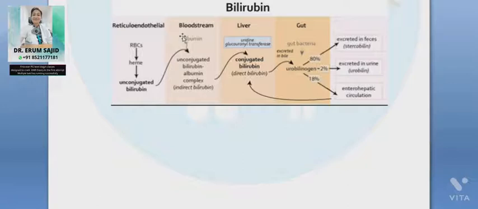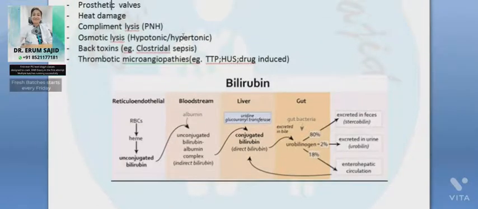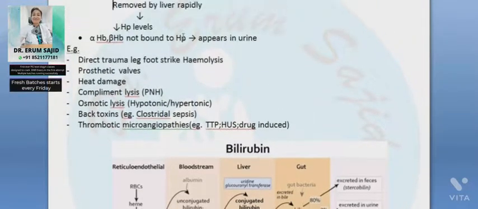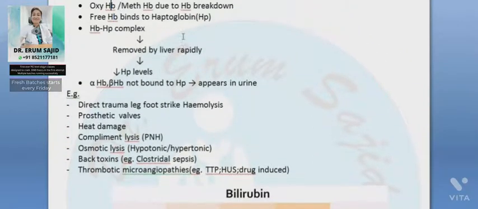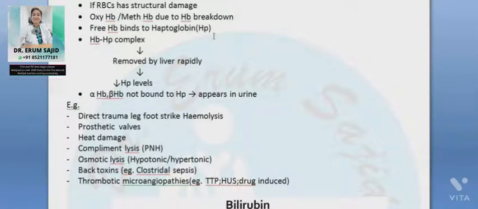Here it's not shown, but I've written it down over here, that usually the hemoglobin that is released is removed by the liver rapidly. And how? Because hemoglobin usually binds to haptoglobin, which is a proteinaceous molecule, and as a result the hemoglobin-haptoglobin complex is removed by the liver very rapidly.